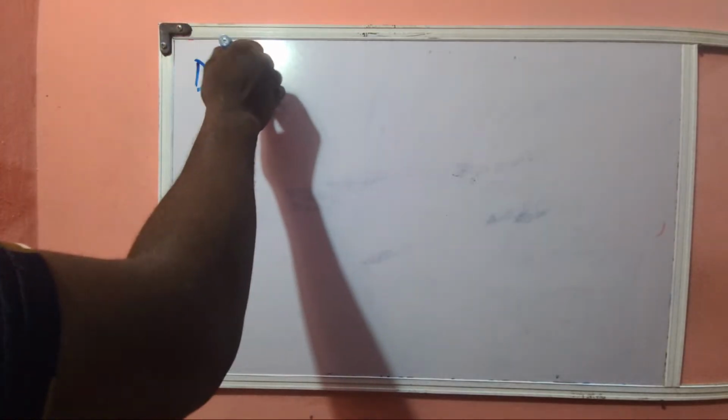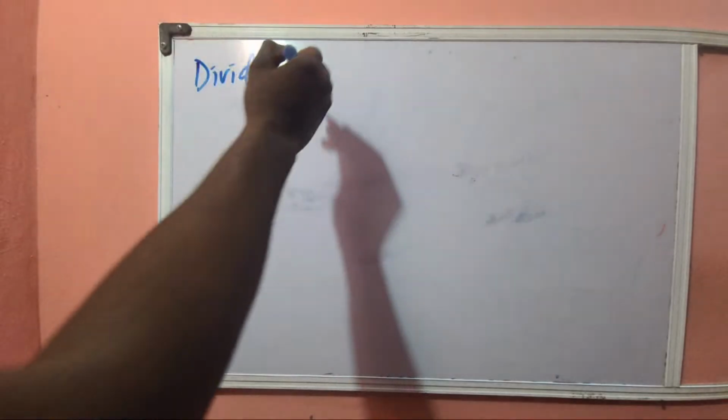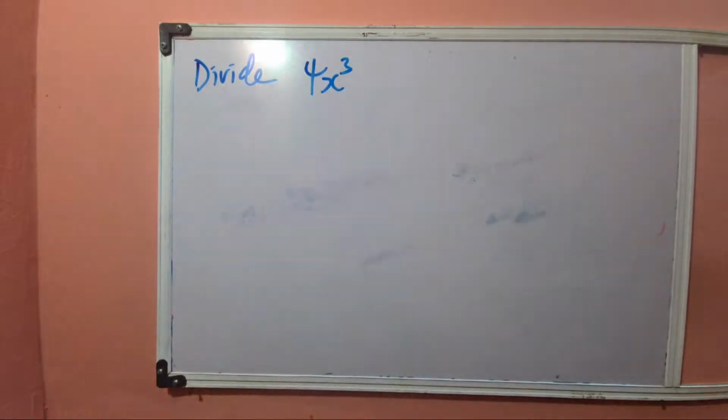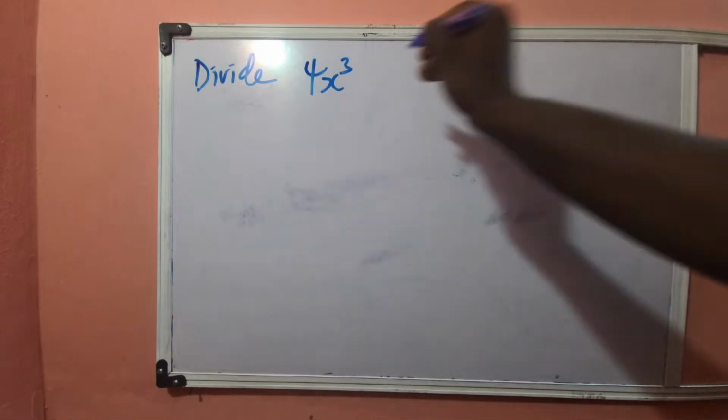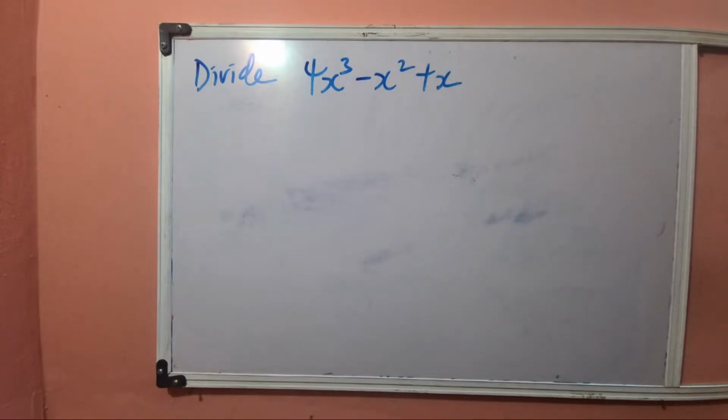So you have to divide 4x cubed minus x squared plus x minus 5.